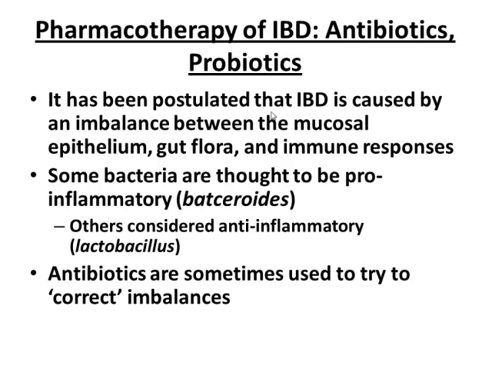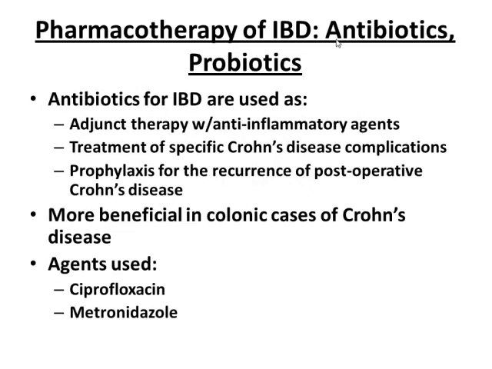Other bacteria can be considered anti-inflammatory. So the bottom line is that antibiotics can be tried to correct imbalances with the gut flora in people with IBD as well. These are mainly used as adjuncts with anti-inflammatory agents, and also they can be used to treat specific Crohn's disease complications.